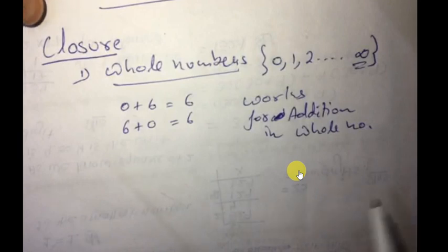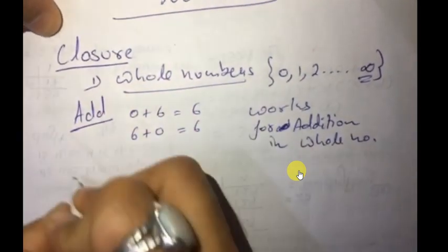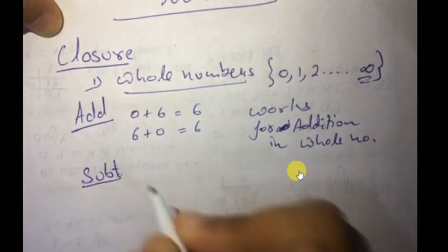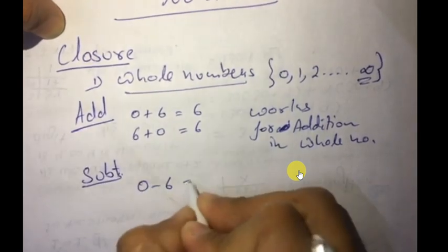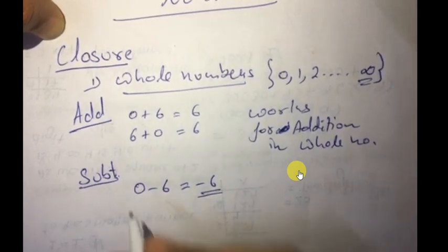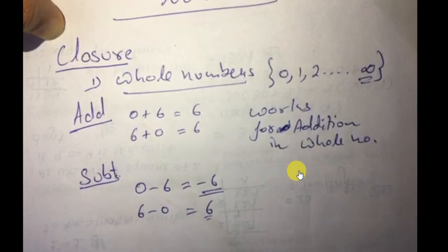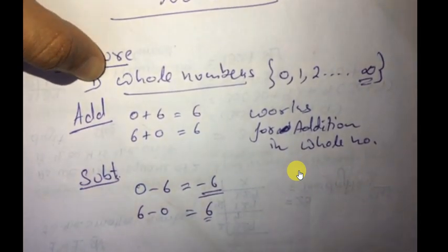Now next, we have done addition, next we will do subtraction. In subtraction, if I write 0 minus 6, it will give minus 6, which is not a whole number. Or if I write 6 minus 0, it will give 6, which is a whole number. So in some cases it might not give you an exact result.